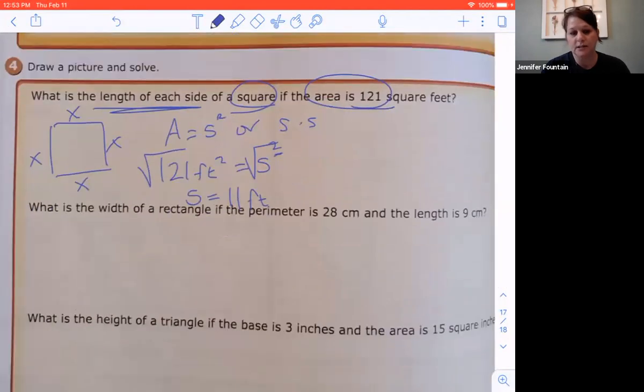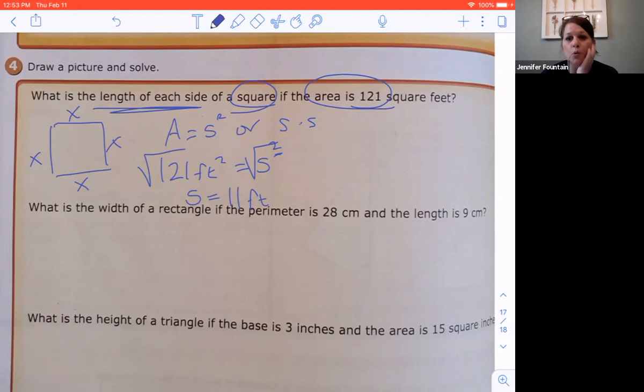So what I did is I looked at, Olivia, we're on page 196, activity 4. By looking at the information they give me in my sentence, I know that I'm trying to find the length of a side. I know when I have a square that all of my sides are equal. In my area formula, I can either use side times side or side squared, and it says that it's equal to 121.